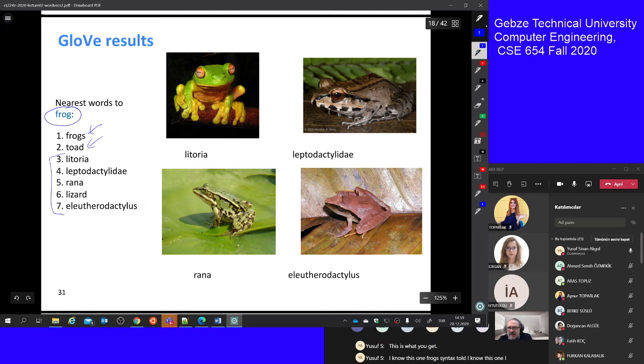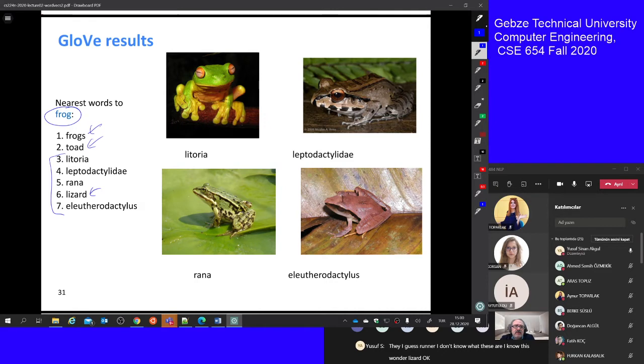I have never heard of them. Oh, I know this one. Litoria, Leptodactylidae, I guess Rana. I don't know what these are. I know this one though, lizard.